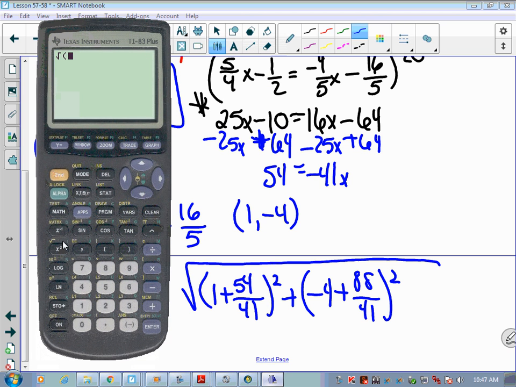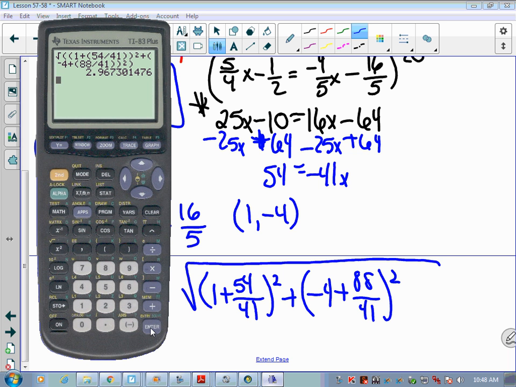So I'm going to do square root, you have to give it a second parentheses, 1 plus parentheses 54 divided by 41, parentheses squared, plus parentheses negative 4 plus parentheses 88 divided by 41, close parentheses, squared, close parentheses, enter, and I get 2.96.